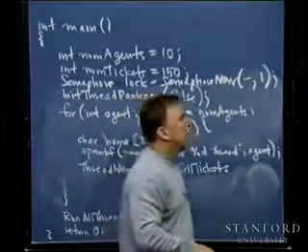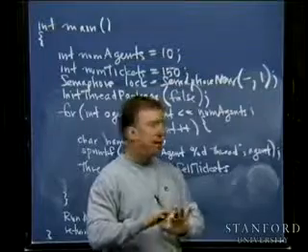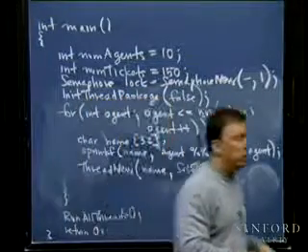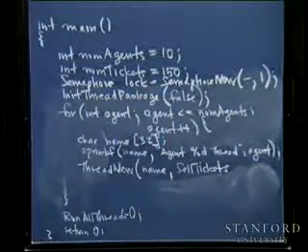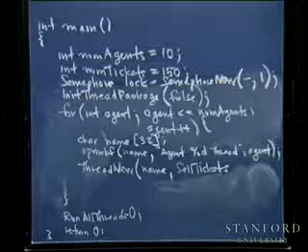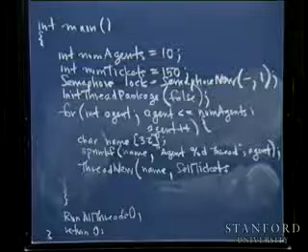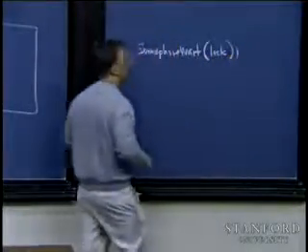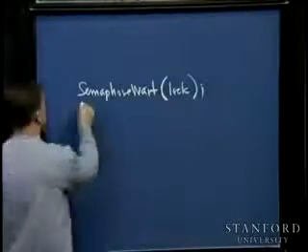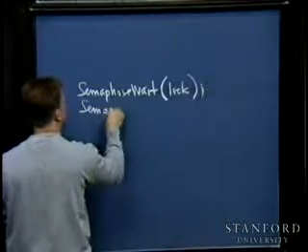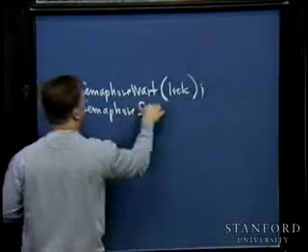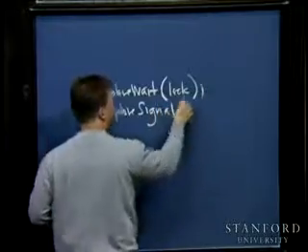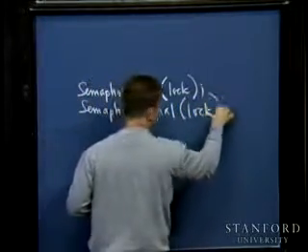The minus minus and the plus plus against this lock come in the form of two different functions. There's a function called semaphore wait, which in this case would take the lock variable. And there's another function called semaphore signal, which also takes a semaphore.